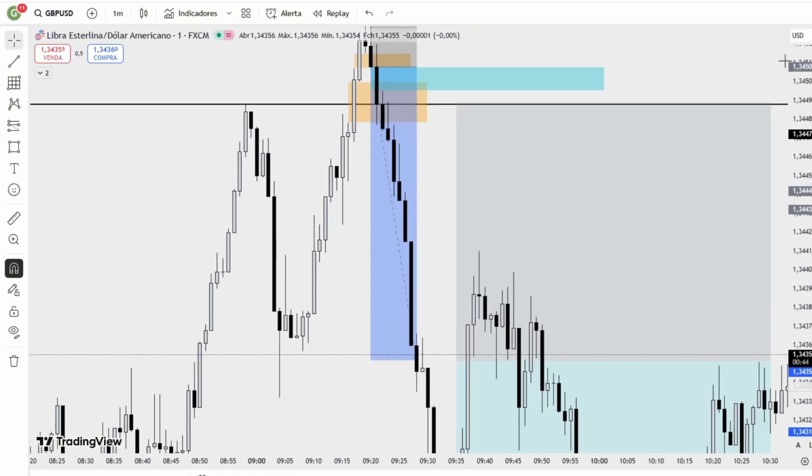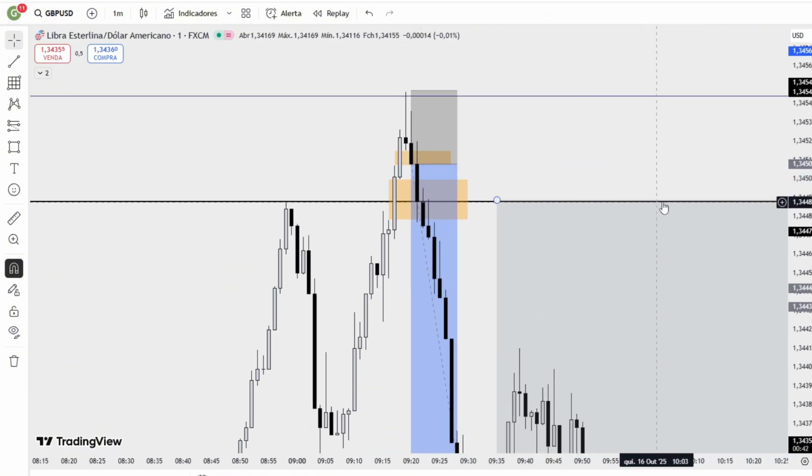So take this IFVG model as an extreme reversal model. You have to be prepared, with all the concepts aligned: the higher time frame CRT, lower time frame CRT, key level, and time window. Once you have all four things aligned, you can think about this kind of entry.